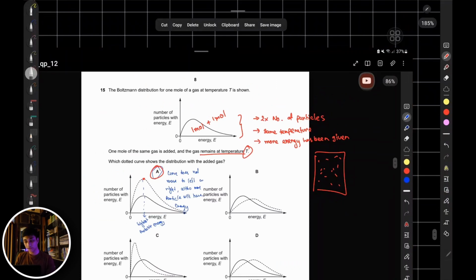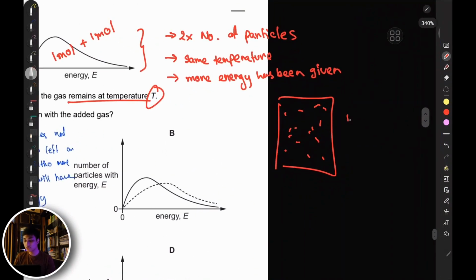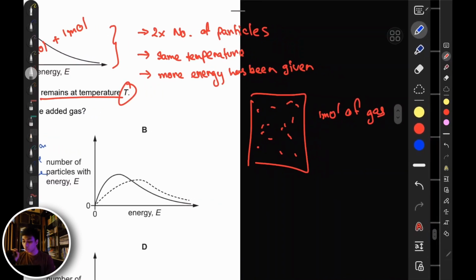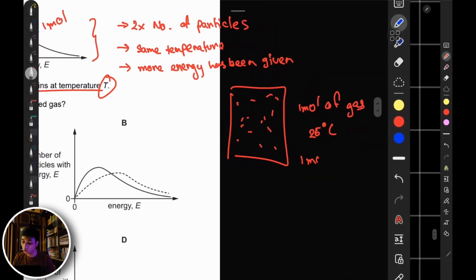Why? Initially, there was only 1 mole of gas. And for 1 mole of gas to have 25 degrees Celsius as the temperature is going to be easy, or let's say it's going to be normal. But when you add 1 more mole of gas, it won't have 25 degrees Celsius as the temperature. It will decrease. Why? Because that energy will be distributed between more gas, double the amount of gas.